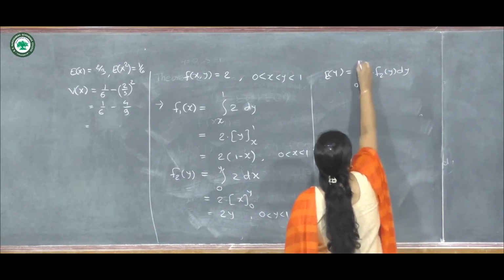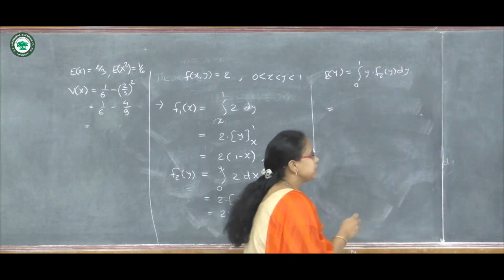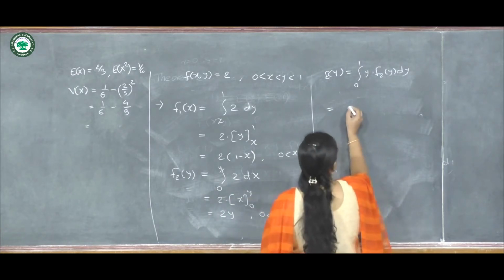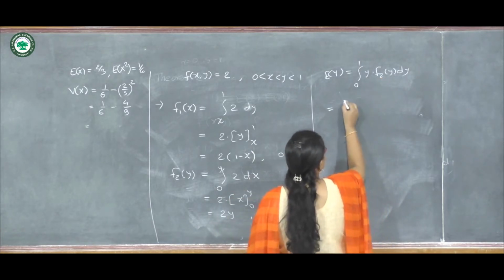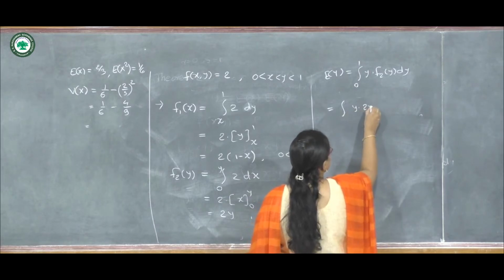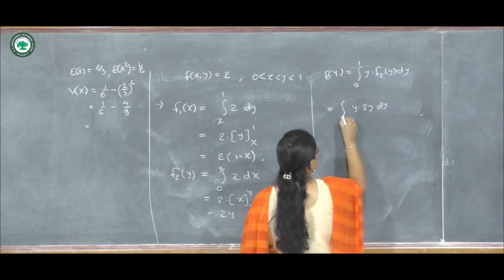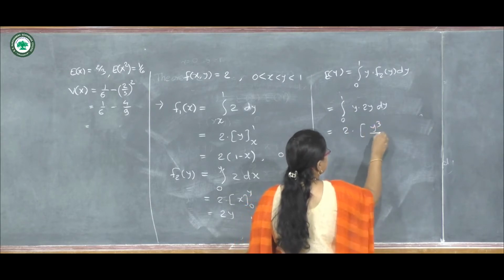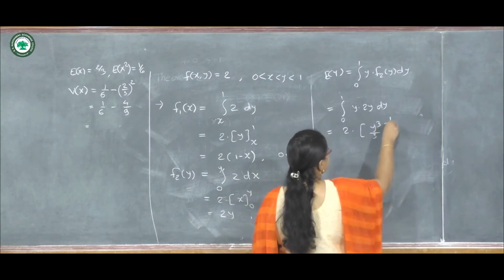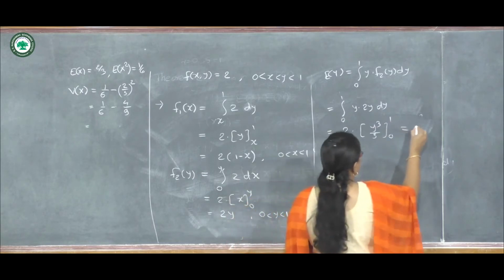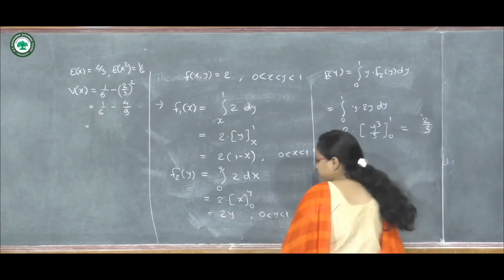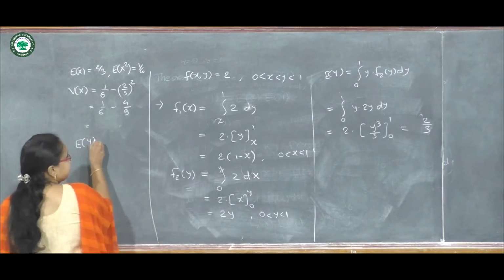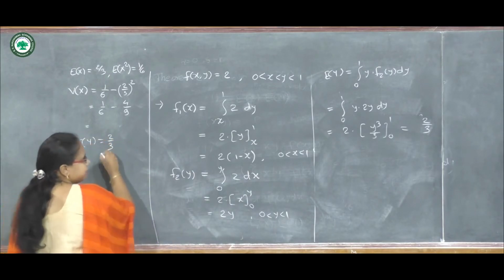Here the range of y is also 0 to 1. Here f2(y) we have calculated as 2y. So we will substitute. So this is 2 into this, and the final answer is 2 upon 3. I will write down here. So expected y is 2 upon 3.